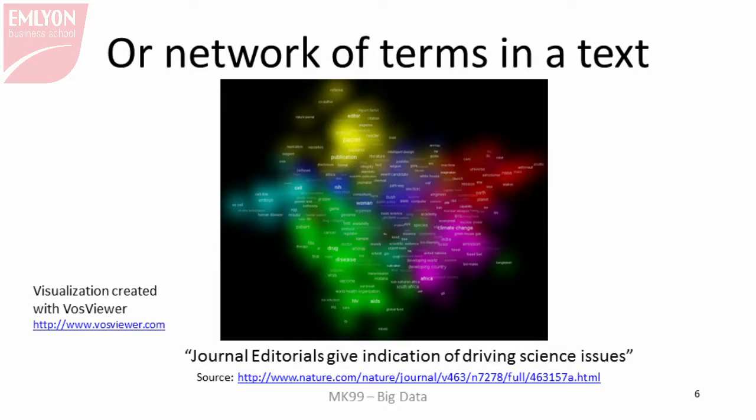Another example is text. Any kind of text can be represented as a network. Here you see, well, you say network, but there is no link. Sometimes you don't need to display the links on the screen.